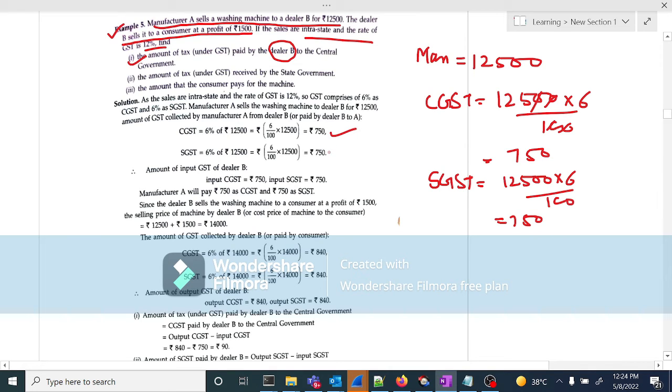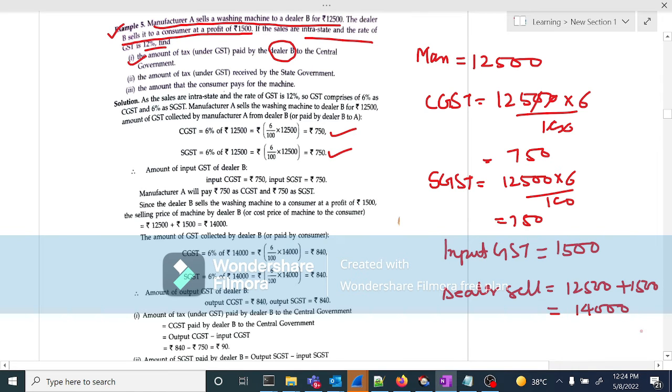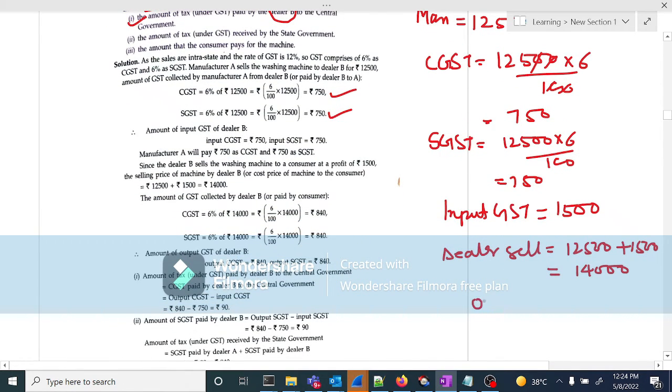So CGST is 750, SGST is 750. This is the input GST for the dealer, how much? 1,500 rupees. Then the dealer sells it at 12,500 plus a profit of 1,500, so it comes to 14,000 rupees. So now there would be an output GST.